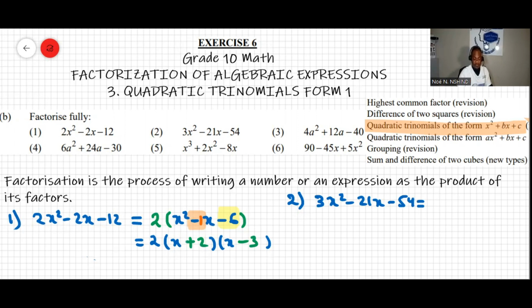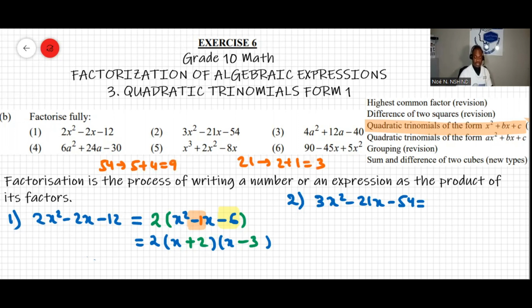When we want to know if a number is a multiple of 3, we add all the digits, and if the sum is also a multiple of 3, then it is. 3 is a multiple of 3, right? 21: 2 plus 1 is equal to 3, and 3 is a multiple of 3, therefore 21 is also a multiple of 3. 54: 5 plus 4 is equal to 9, and because 9 is a multiple of 3, so is 54.